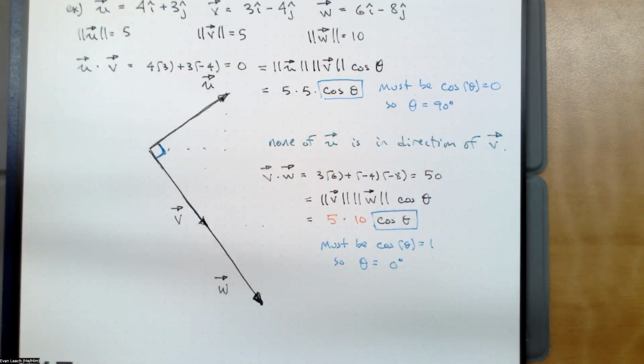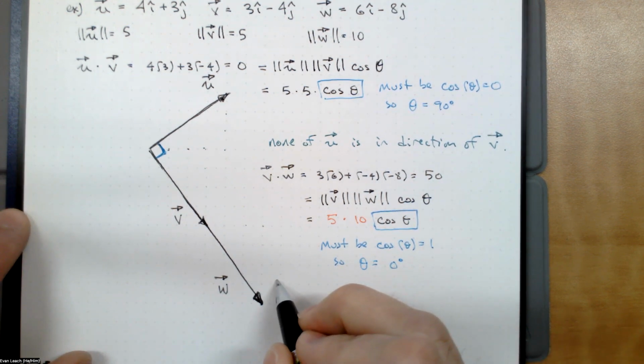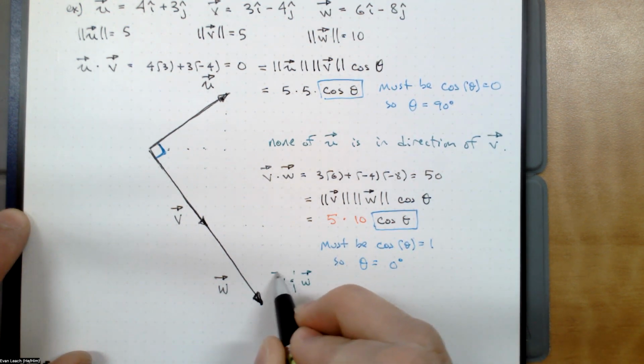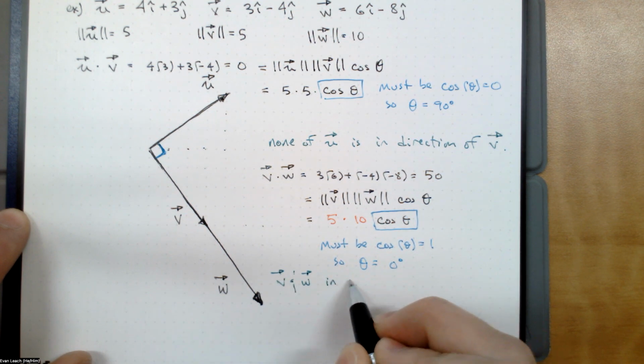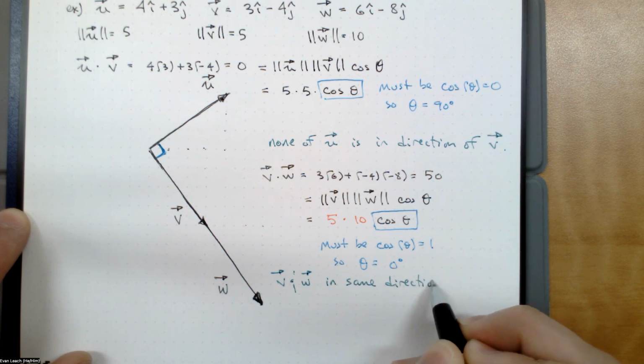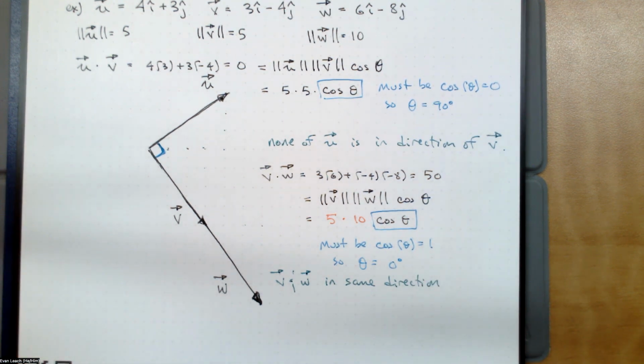It must be that the cosine of theta is equal to 1, and that means the angle between v and w is 0 degrees. v and w are going in the same direction. We're just finding the product of their magnitudes because they're going in the same direction.